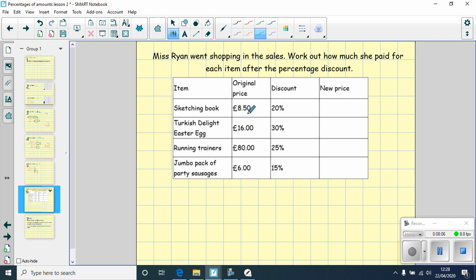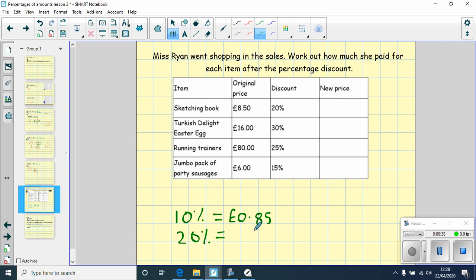So a sketching book is £8.50 and she got 20% discount. So I need to work out 10% first. Do my jottings underneath here. So 10% of £8.50 is 85p. So this is what we did yesterday. So all links together. 85p, sorry. But it's not 10% discount, it's 20% discount. So I need to double 85p.